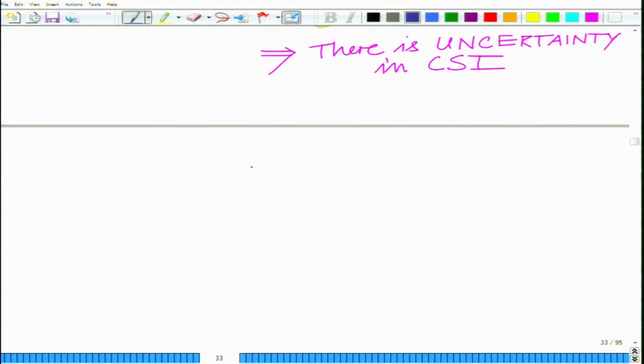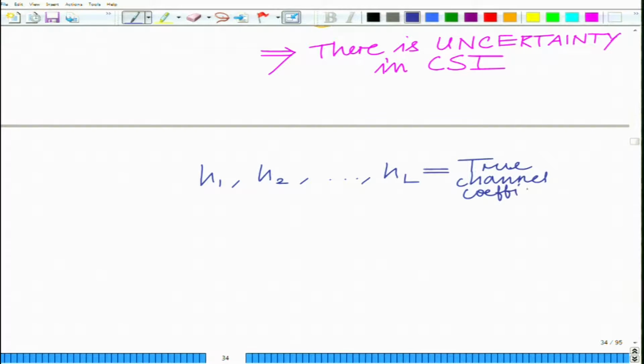So, we have these true channel coefficients. The true underlying channel coefficients are not known, and what are known are the estimates, denoted by h1 hat, h2 hat up to hL hat.